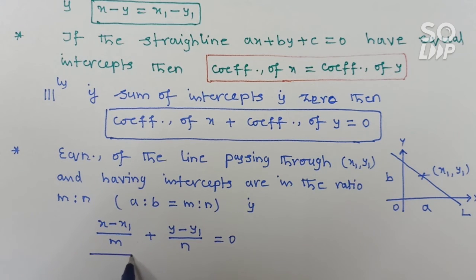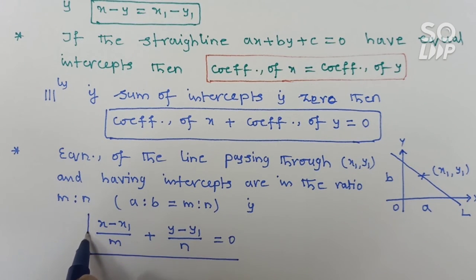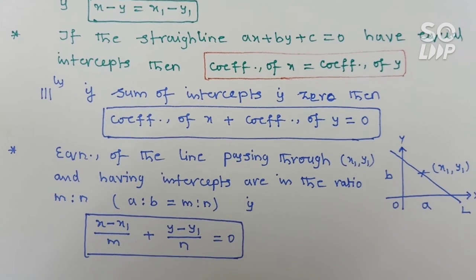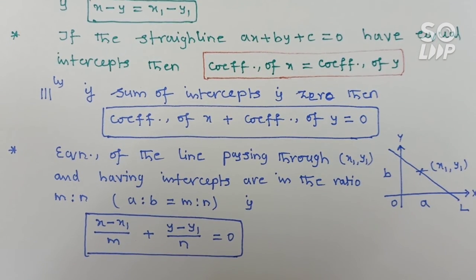This is the required equation of the line passing through the point with intercepts in the ratio m is to n, right?